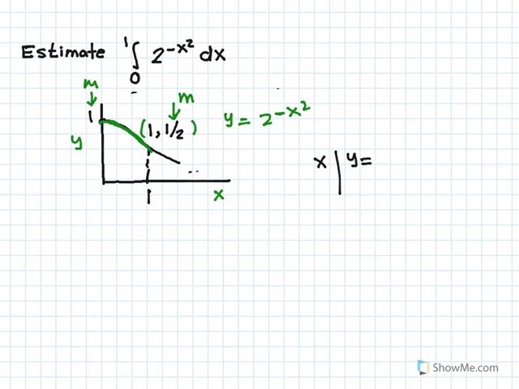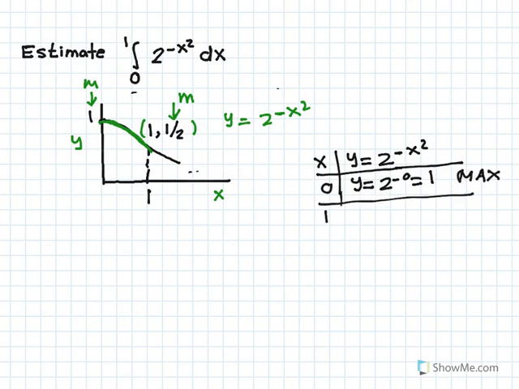When x is 0, y is 2 to the minus 0, which equals 1. This is the absolute maximum. And when x is 1, y is 2 to the minus 1, which equals 1/2. This is the absolute minimum.